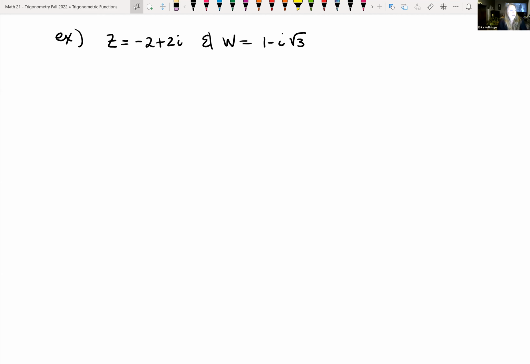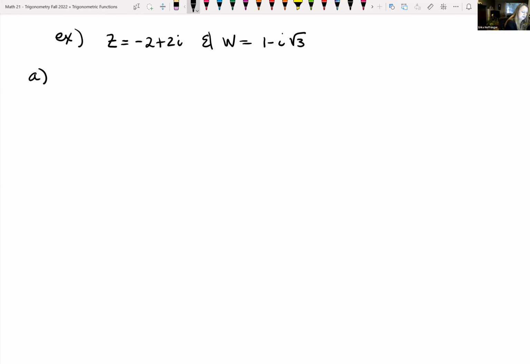So let's put this in trigonometric form. Some books call it polar form, trigonometric form. And it wanted us to figure out what A was. But let's first put these in polar form.